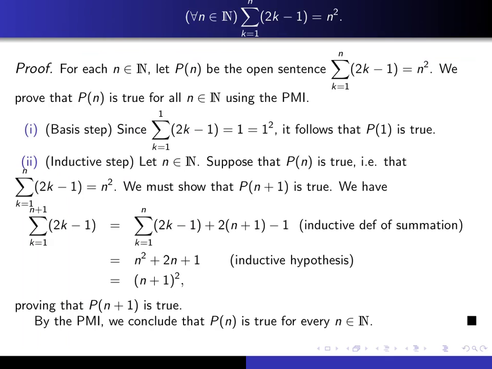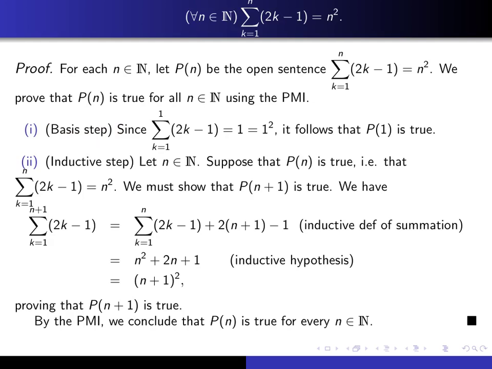Okay, so here's my proof. I begin by saying that for each n in the natural numbers, we're going to let p of n be this open sentence. And then we're going to prove that p of n is true for all natural numbers n using the principle of mathematical induction. So in the next paragraph, we call it the basis step, we have to verify that p of 1 is true.